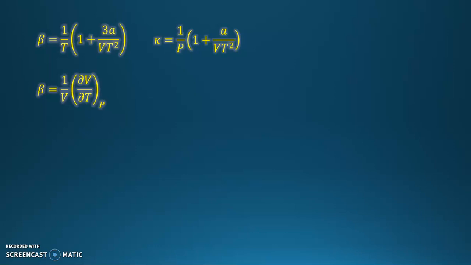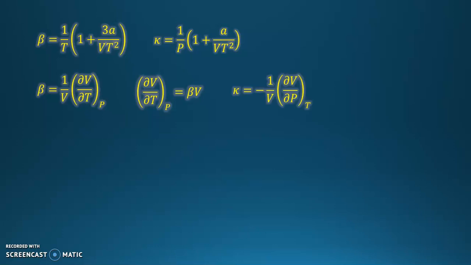This is the expansion coefficient. If we solve this term for the partial derivative of v, we get this other expression. The partial derivative of v with respect to t at constant pressure is equal to beta times v.